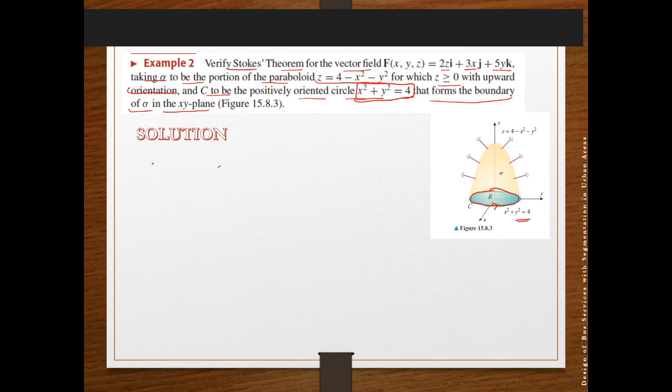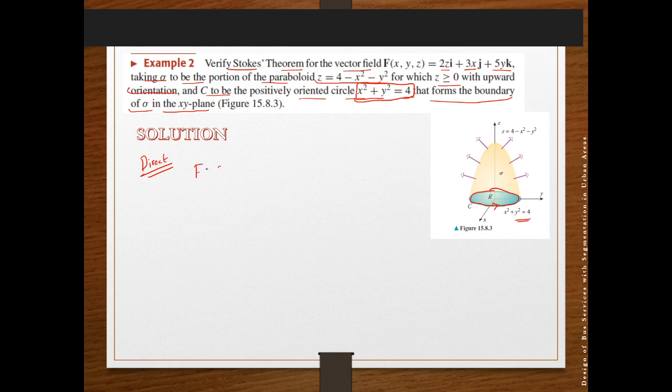But we can do it by using the direct method, and we will verify. The question is to verify Stokes theorem. So first we will find the line integral, and then we will find it by using Stokes theorem. So how to do the direct problem?